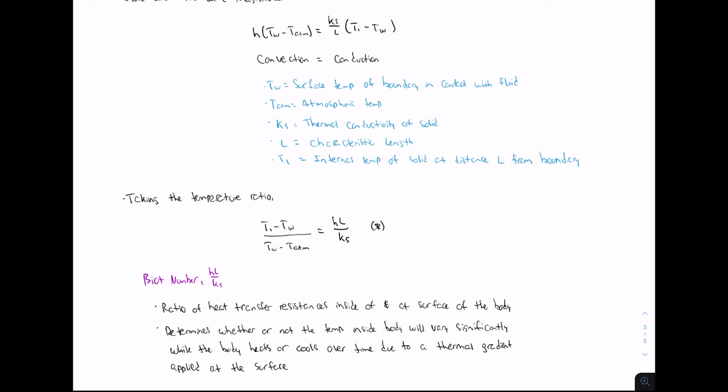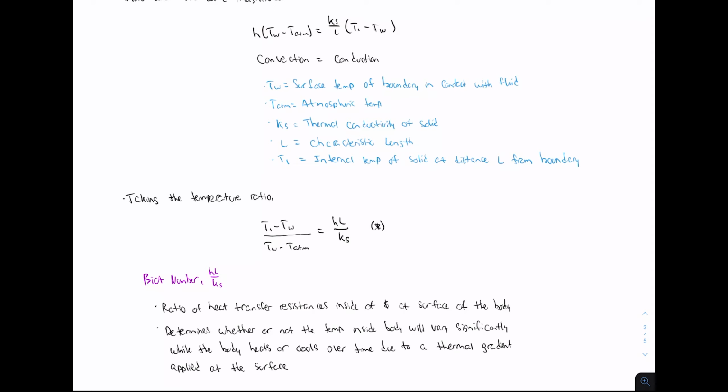So this is the ratio of the heat transfer resistances inside of and at the surface of the body. Okay, and basically this is going to determine if we can use our assumption or not. Basically it's going to say if the temperature inside of the body is going to vary significantly while the body is being heated or cooled over time from some outside thermal gradient that is applied at the surface.